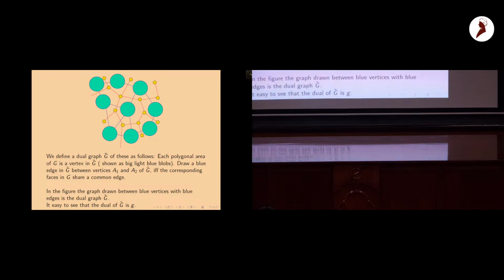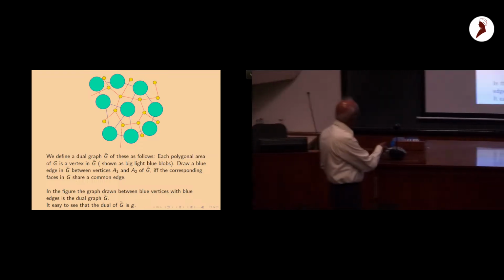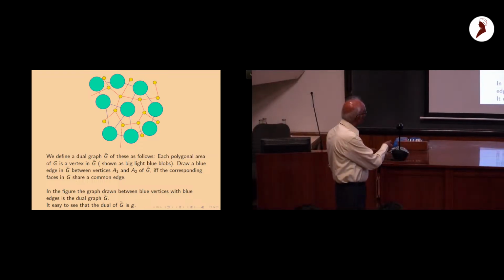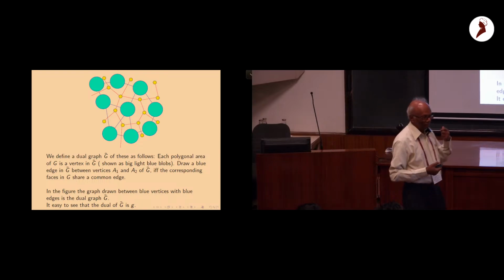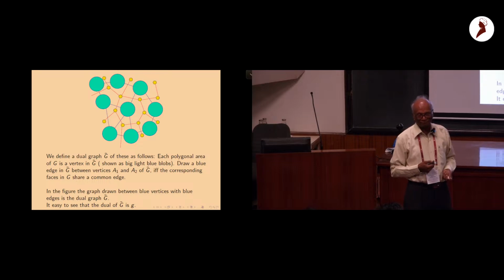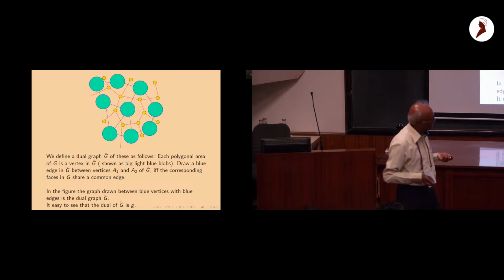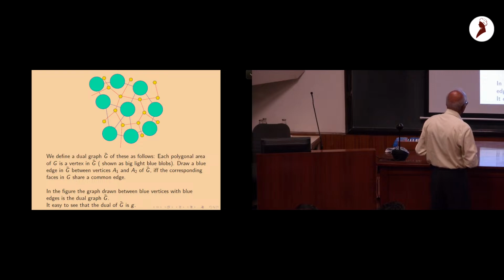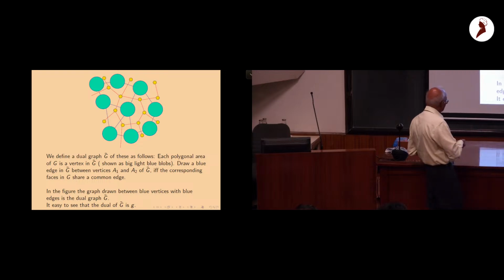Because this dual graph polygon is this triangle, and in the middle of that, the face of that dual graph is the vertex of the original graph. So that's a duality, it's pretty straightforward. And so that's what it says, the dual of, this should be a capital G, not small g.